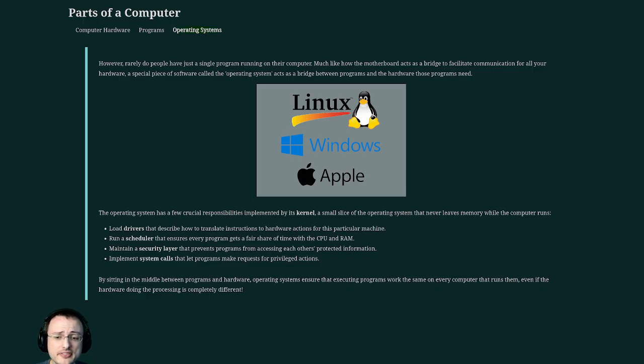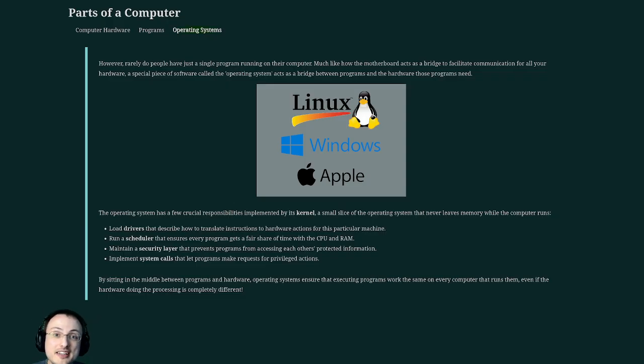Another big piece of this is that the operating system needs some type of security layer to ensure that program A can't read from the RAM of program B. If you could do that, then if you ran my program on your computer and then typed something, a password, let's say, into another window, I would be able to read your password, even though my program has nothing to do with what you're doing in your browser.